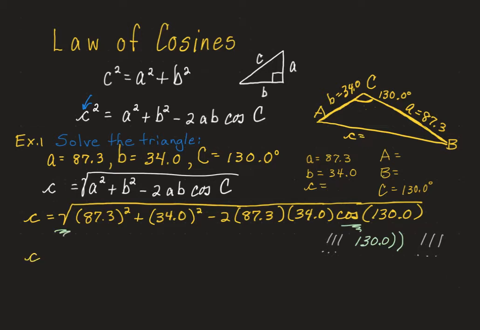This should give you c equals 112, which rounds to 112 for when we are reporting it in our chart.